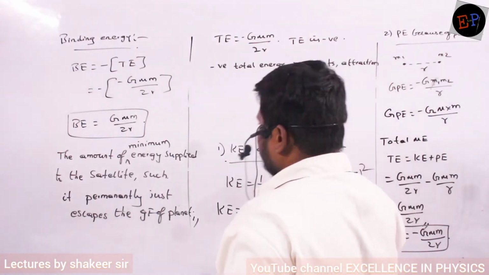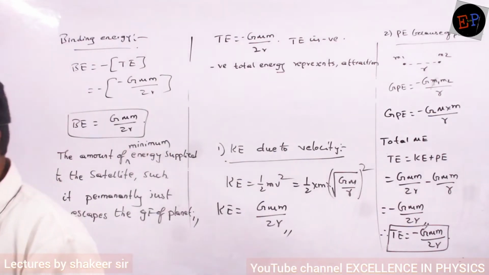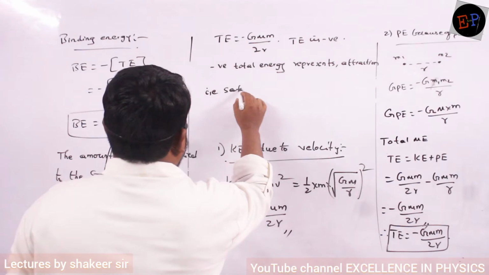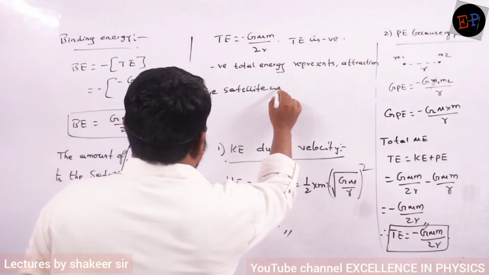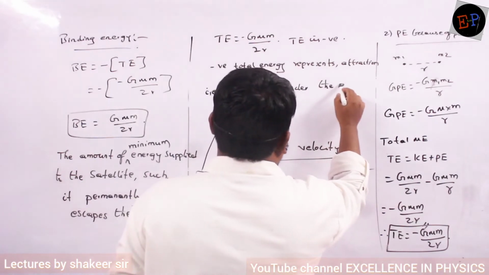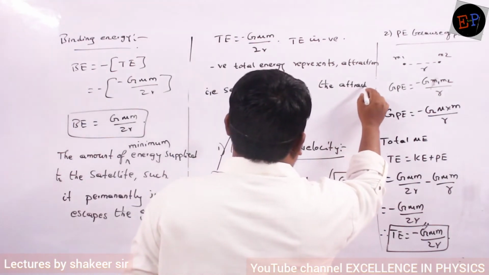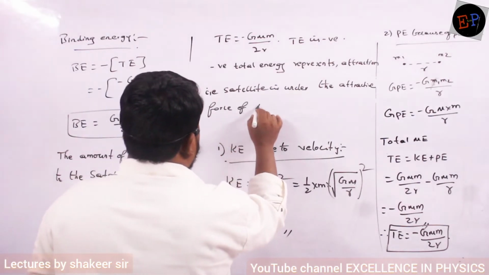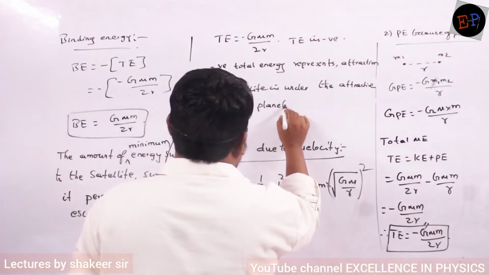What does negative total energy represent? It represents attraction, that is, the satellite is under the attractive force of the planet.